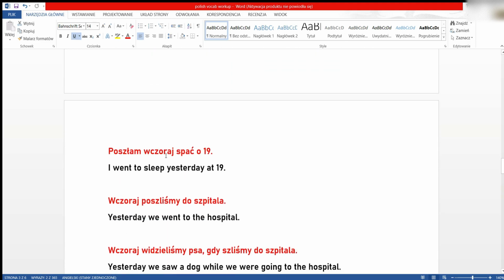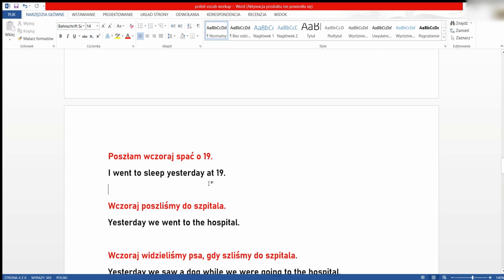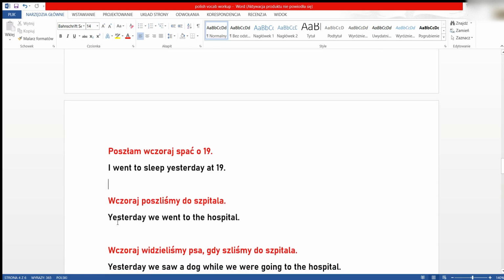Poszłam wczoraj spać o 19. So simple as that. Yesterday we went to the hospital. Wczoraj poszliśmy do szpitala. We went, just as simple. So it's perfective because we've already done this action.